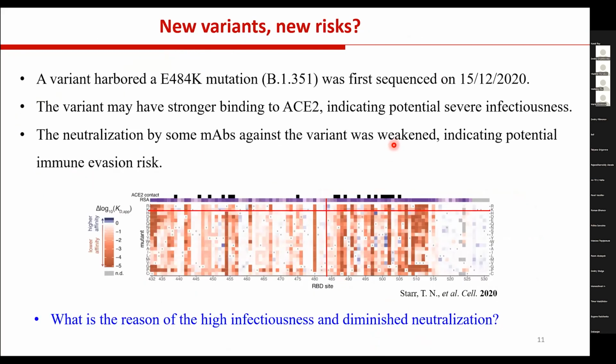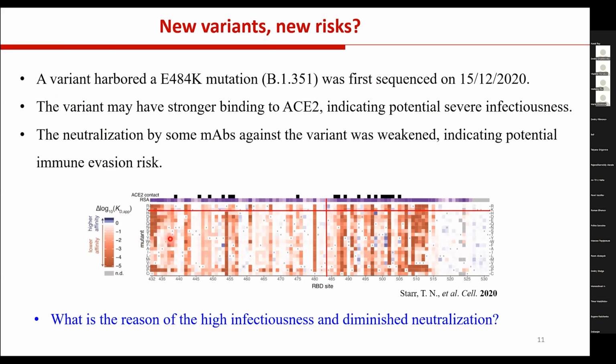And we noticed a mutation called E484K, which was reported in December of the year 2020. And the studies show that the new variant may have stronger binding to ACE2, meaning potentially severe infectiousness. Also, studies show the neutralization by some monoclonal antibodies against the variant was weakened, indicating potential immune evasion risk caused by this mutation.